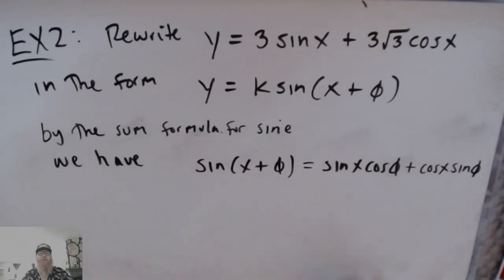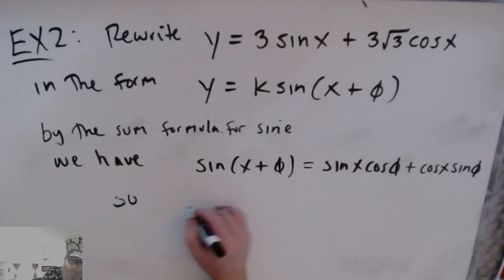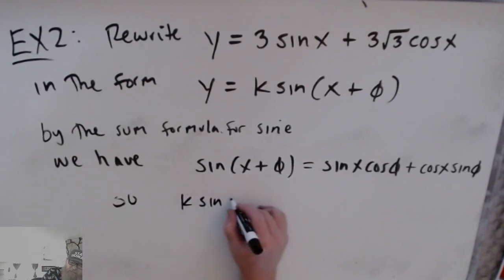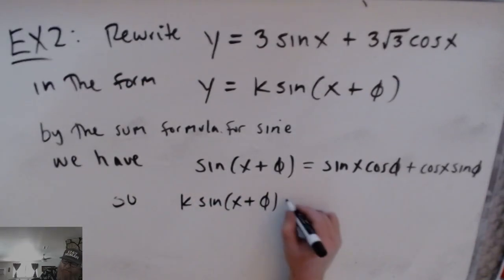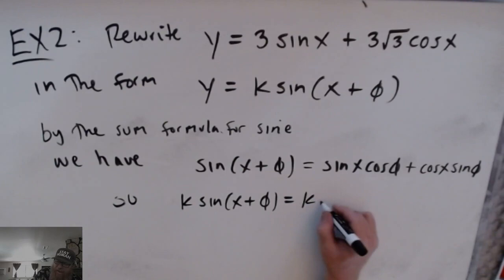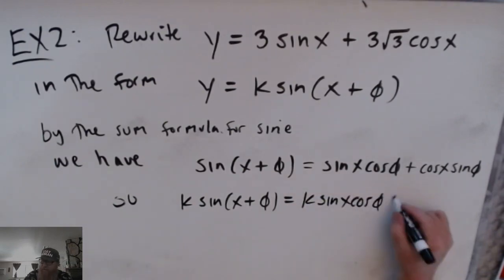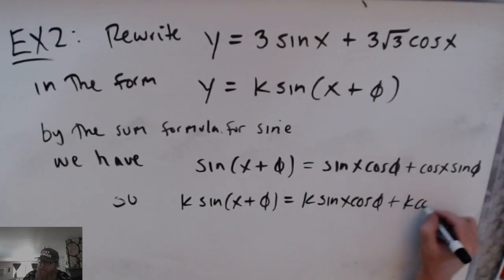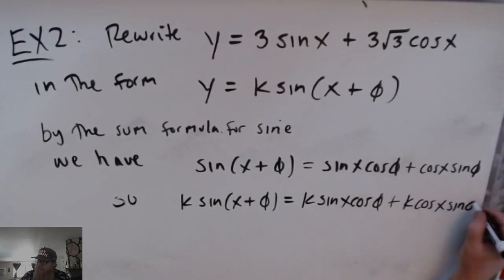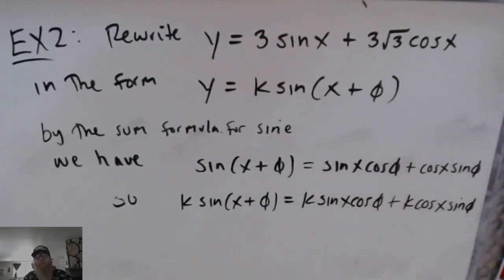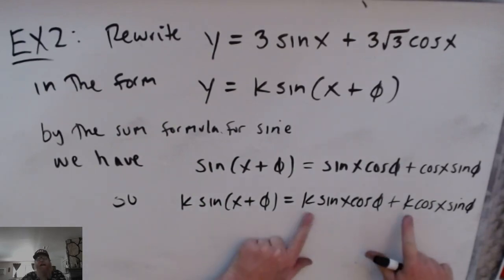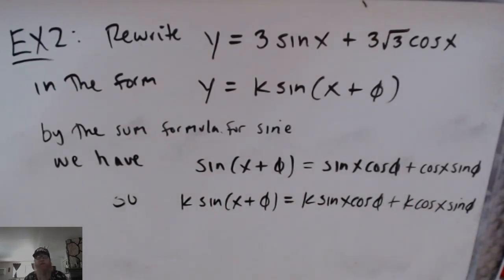That's just reviewing the sum formula for sine. So k sine(x plus phi) is k sine x cosine phi plus k cosine x sine phi. Just distributing the k to each of the terms in the sum formula.